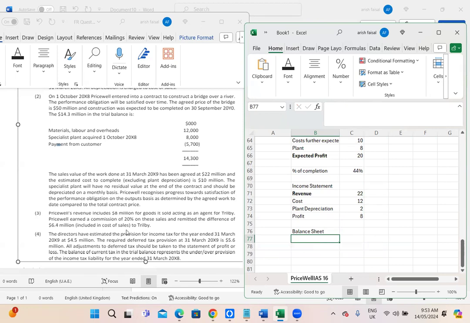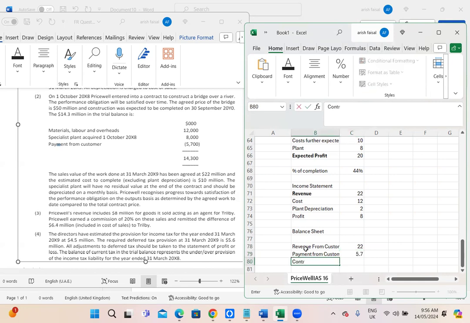So in this case, for the contract asset, for the balance sheet, you can say that the revenue from customer to date is 22 million, and the payment what you have received from customer is 5.7 million.